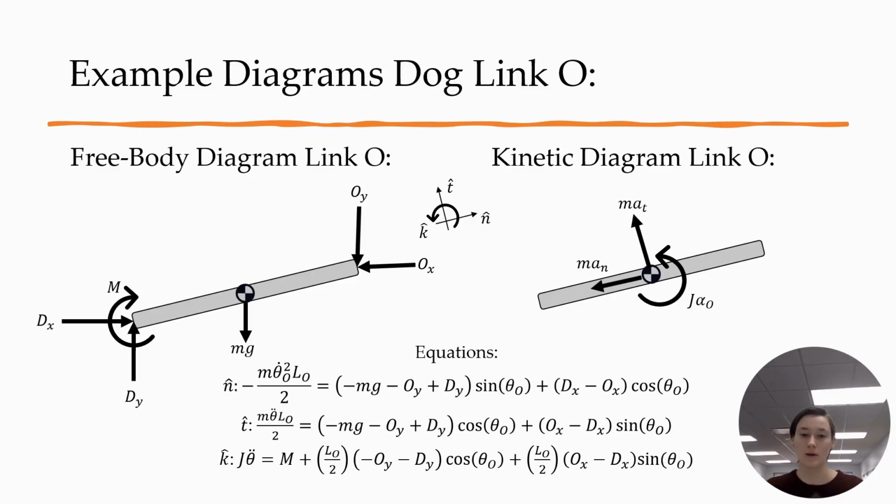We also have a moment applied at point D, which is where the dog's hips are, which we will discuss in the following slides. From these 2 diagrams, we can generate 3 equations, one for summing the forces in the normal direction, one for summing the forces in the tangential direction, and the 3rd from using the conservation of angular momentum rate form to find these 3 equations for the link.